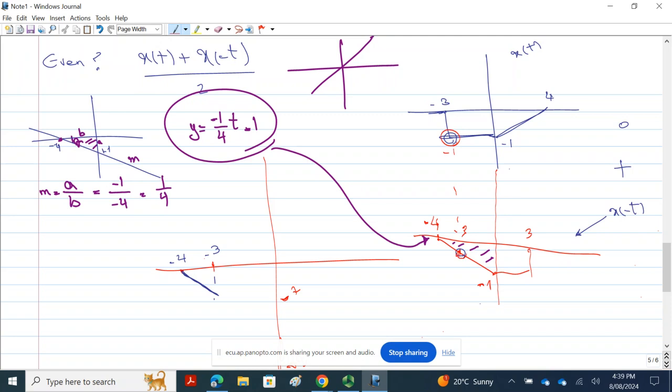Put -3 in the equation, what's the answer? 1/4. Minus 1/4. So here is -1/4. All I did was replace t with -3.